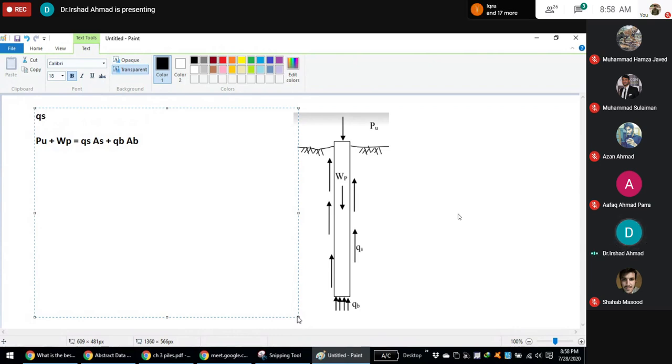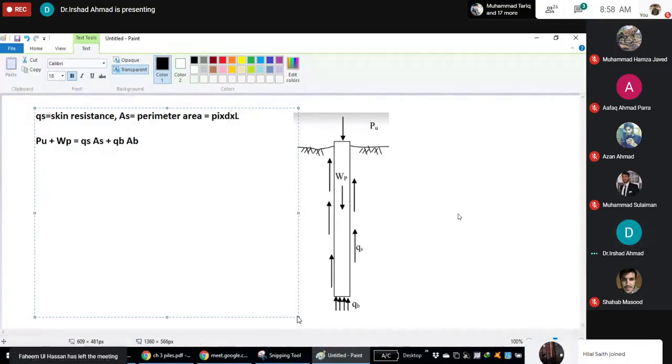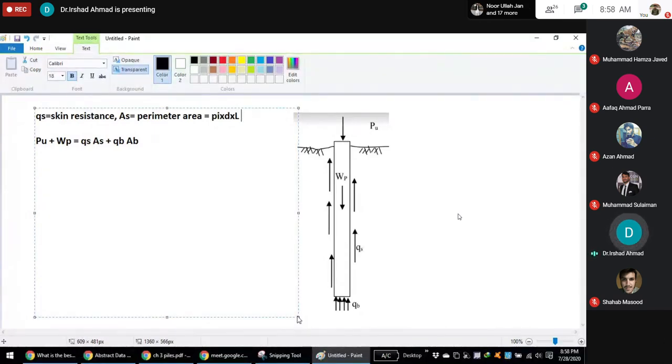QS is the skin resistance. Okay? AS is the perimeter area, which is equal to pi into D, the perimeter, into L, the length of the pile. So pi D L, if you have a circular pile.